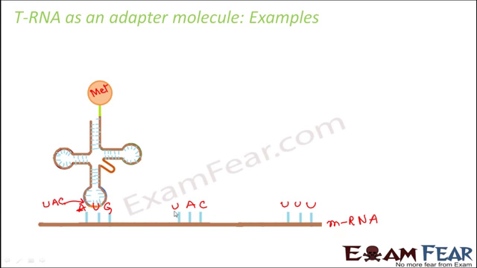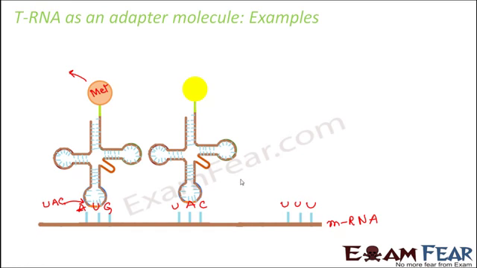So this will pass on the methionine to the polypeptide chain, and it will move on. Then for the next amino acid, the next transfer RNA will come into the picture. Here the mRNA codon is UAC. So what would be the corresponding bases on the anticodon loop? That would be AUG.